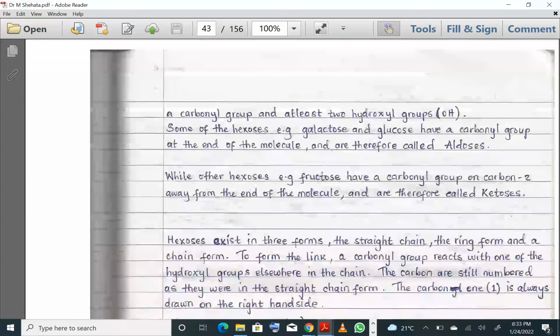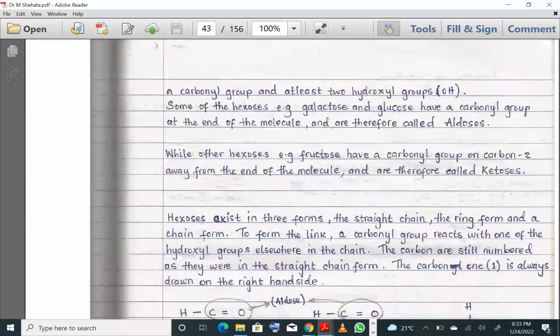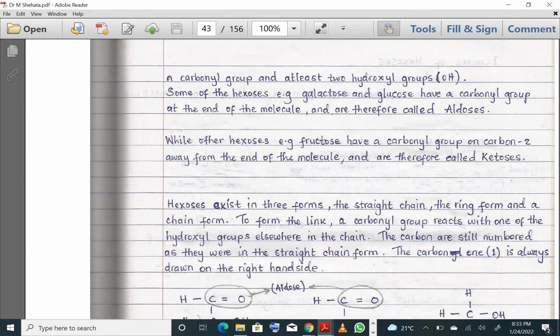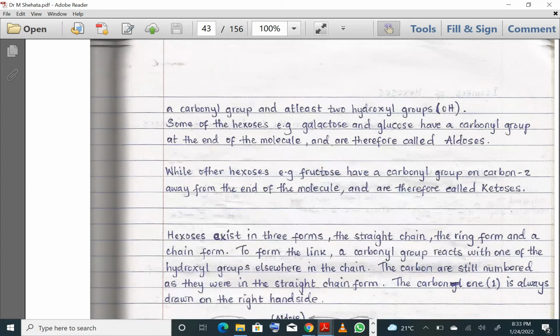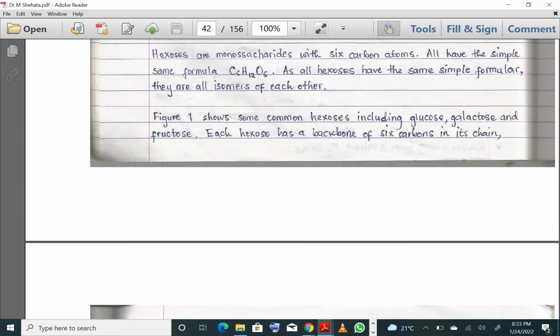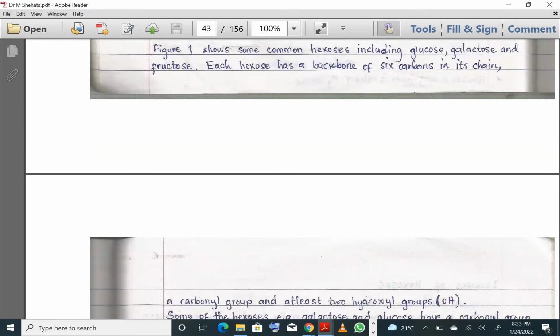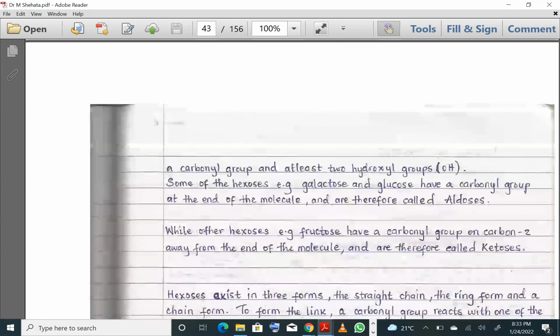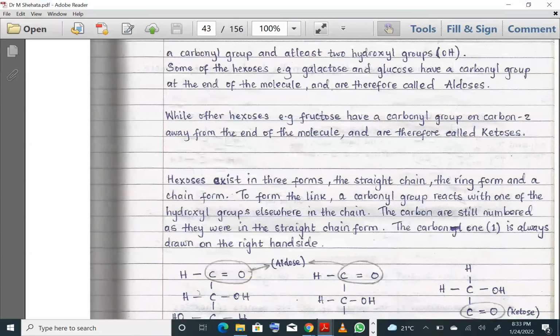Okay, so just to repeat something that we discussed sometime, each hexose has a backbone of 6 carbons in its chain, a carbonyl group, and at least 2 hydroxyl groups. Remember, those are things that we discussed last time.